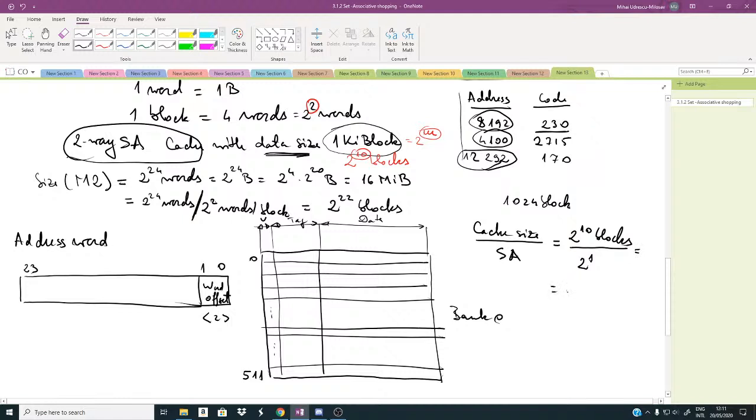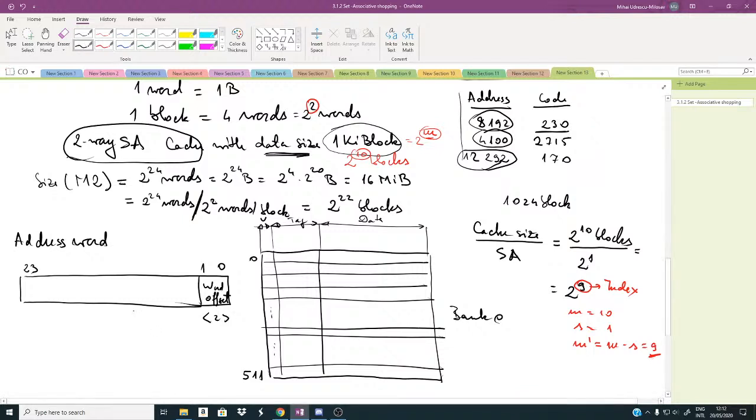So this is 2 to the power 9, and this 9 gives the number of bits in the index of the cache. Actually, m is 10 and s is 1. And remember from last week that the index is on m prime bits, which is m minus s, namely 9 in our case.